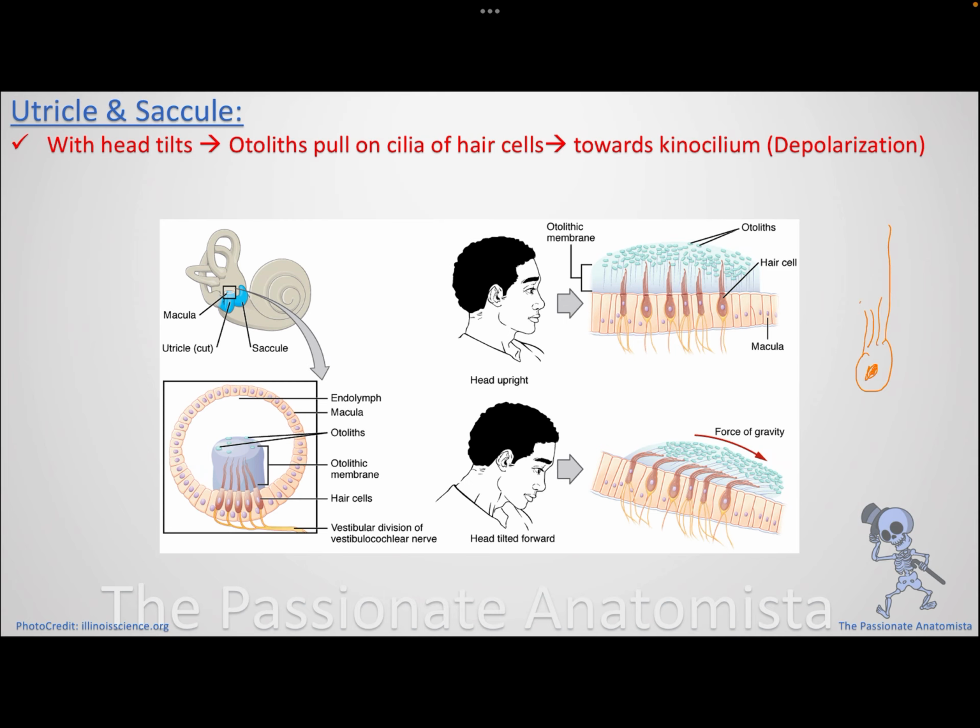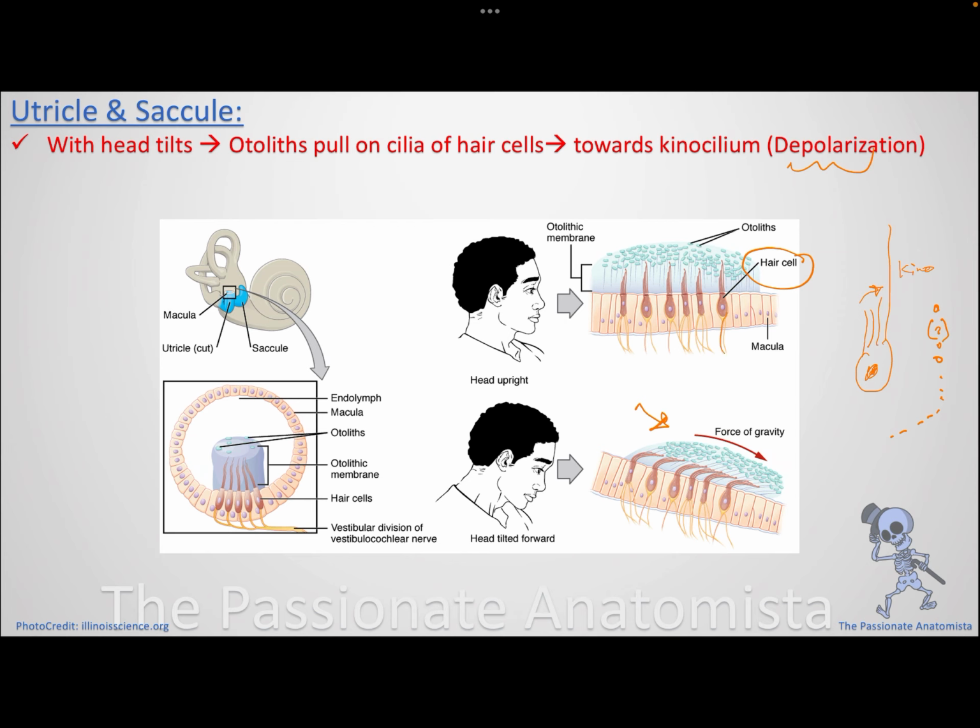If these stereocilia move towards the long kinocilium, it means this is activation of the hair cell. It means the channels are going to open. Okay, it means I'm going to transduce this mechanical energy, which is the movement of my body, into this electrical energy. Once I do that, I'm going to activate the hair cells.